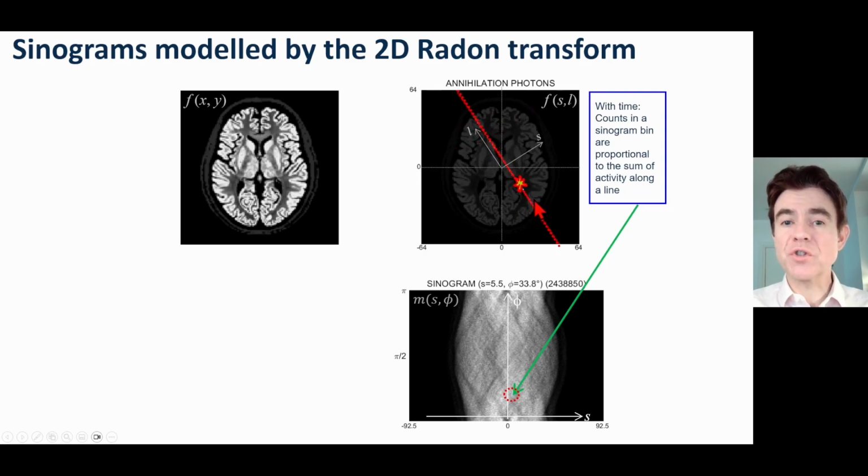And so over time, as we acquire data, we end up with effectively a value m which is proportional to the sum of the activity along that line.